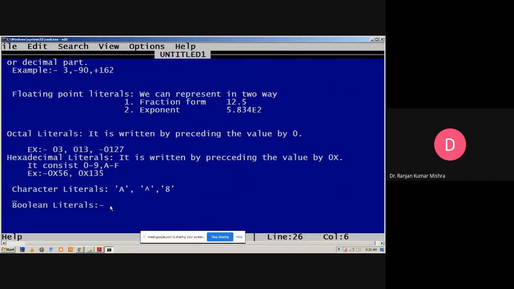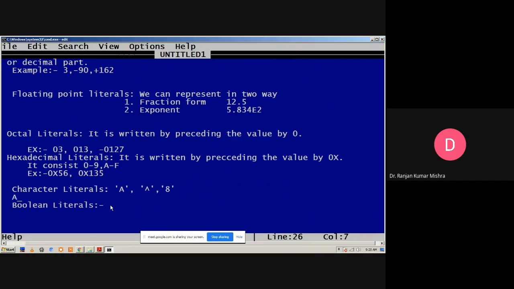Boolean means it always returns true or false. When we use a relational operator, such as A greater than B, or B greater than A, it returns 0 or 1. 0 indicates false and 1 indicates true. But in the Java programming language, Boolean is a data type.